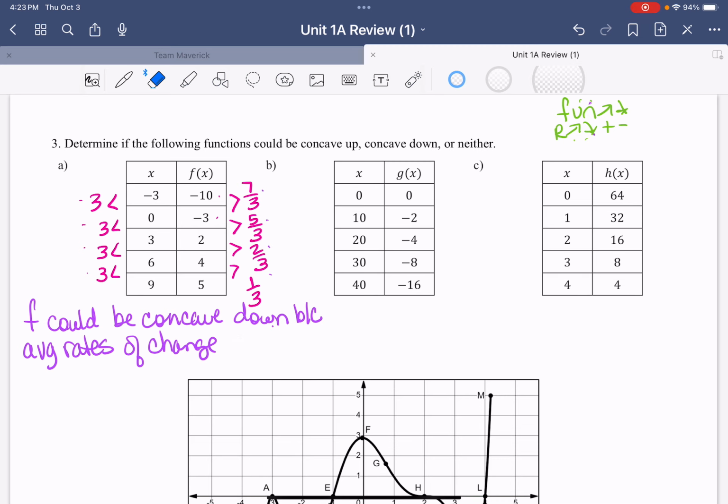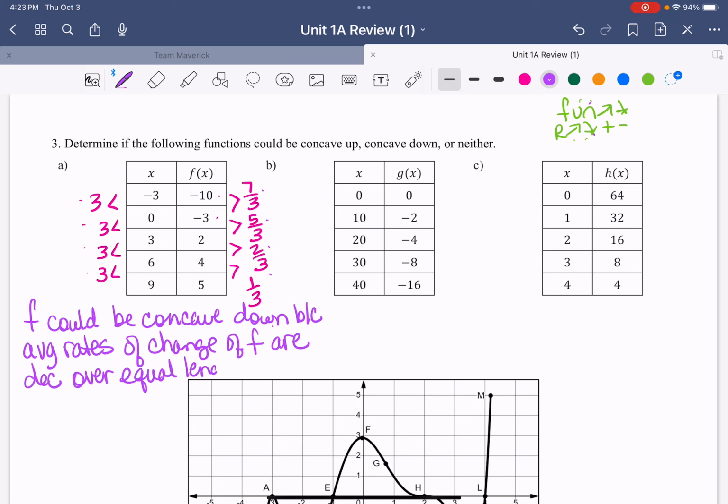Average rate of change, we have to be specific here, of f are decreasing over equal length inputs. It's really equal length input intervals, but I'll let that slide.